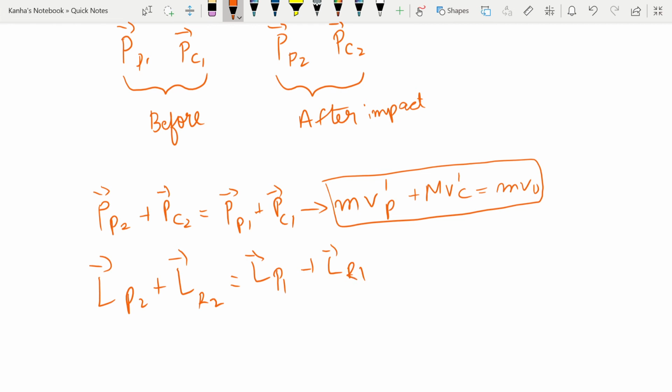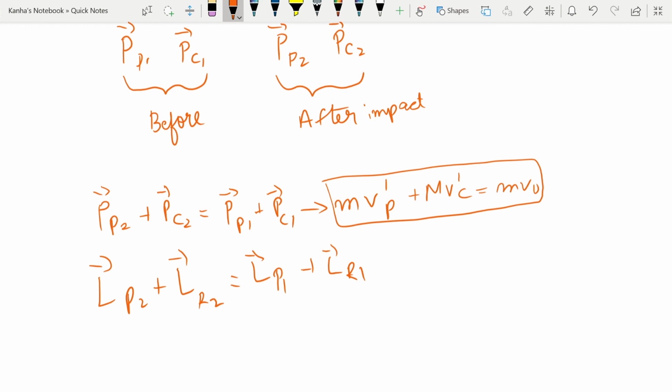Okay, so these are the angular momenta, and what do I equate these to? Note that I have taken my angular momentum about a point O, which is in line with my Vc prime, the velocity of the center of mass.